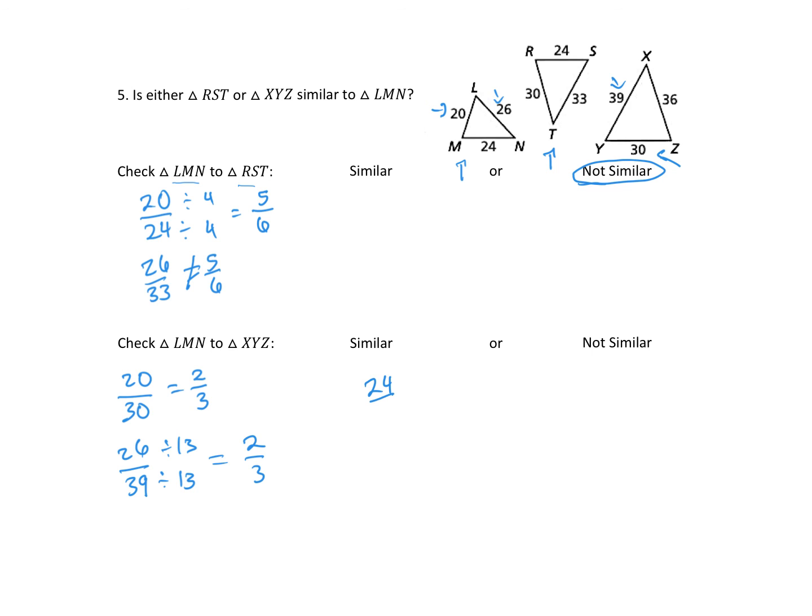That's 24 over 36. Divide both by 12. That's 2 and 3, and they're all the same, so they are similar.